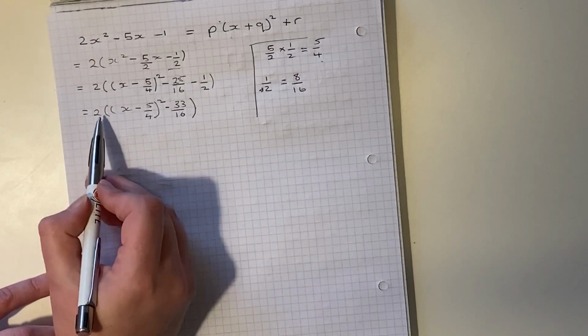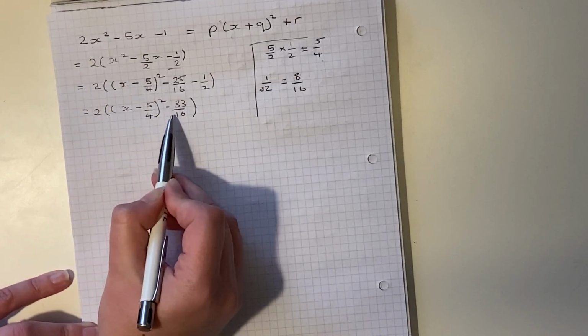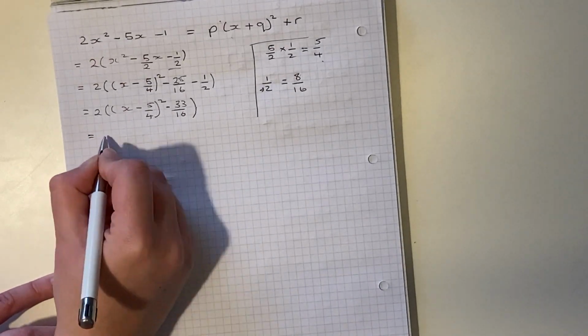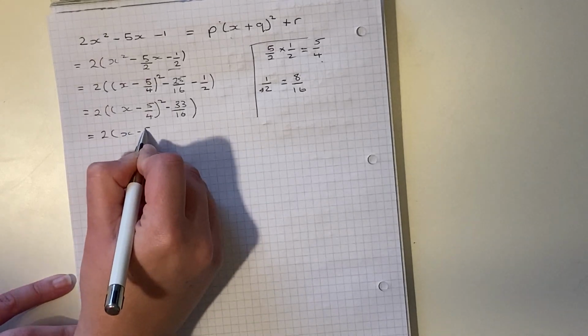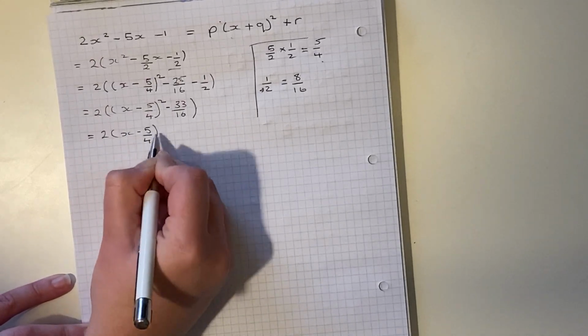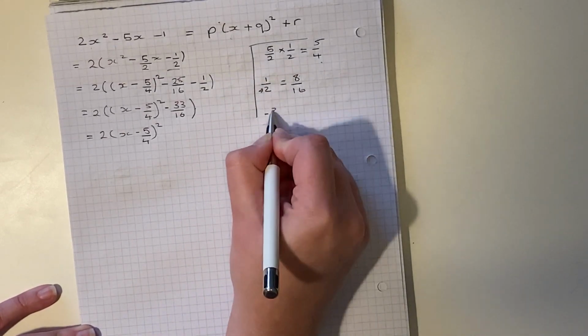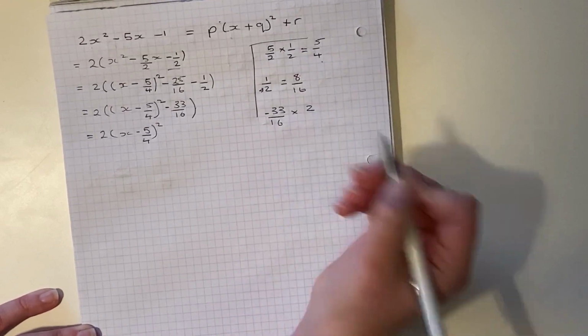But by losing those, we're going to multiply all of this bracket by 2 and all of this by 2 as well. Okay, so that is going to give us 2 open bracket x minus 5 over 4 all squared. And then we need to do minus 33 over 16 multiplied by 2.